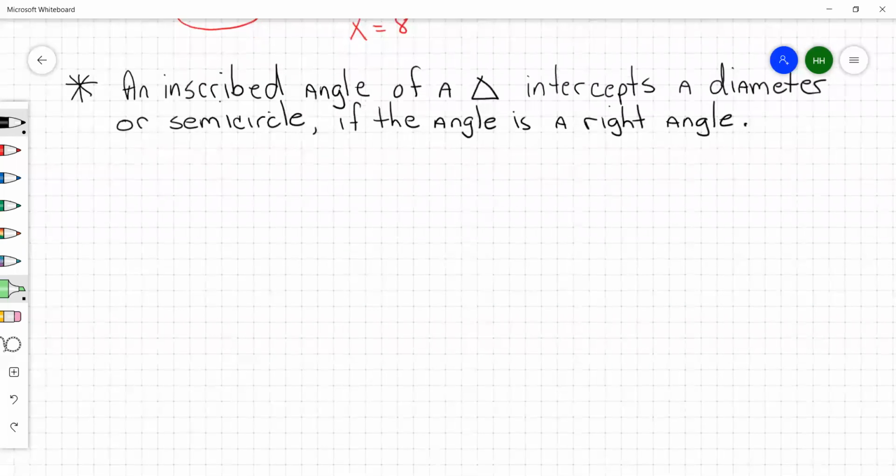Not real crazy about that wording. What they mean to say is that, here's what they mean to say.